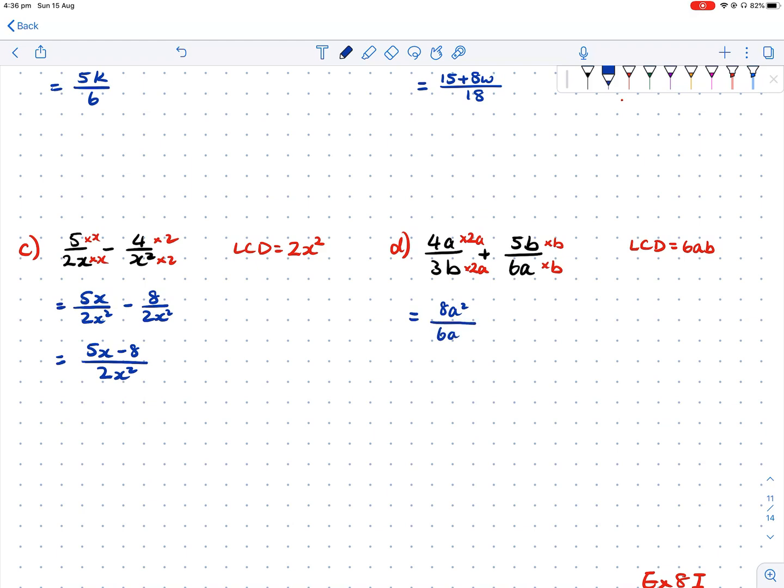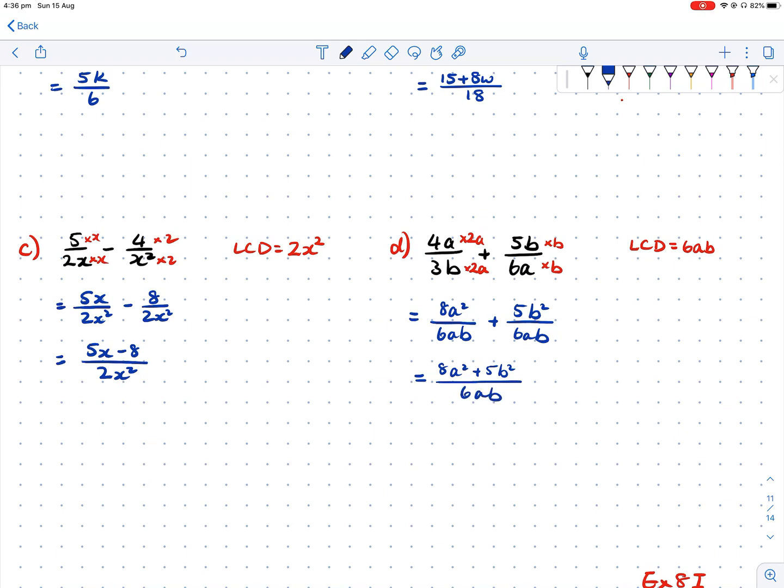Denominator is 6ab, plus the numerator is 5b squared over 6ab. So we can see the denominators are now the same, so we can add the numerators together, 8a squared plus 5b squared all over 6ab.